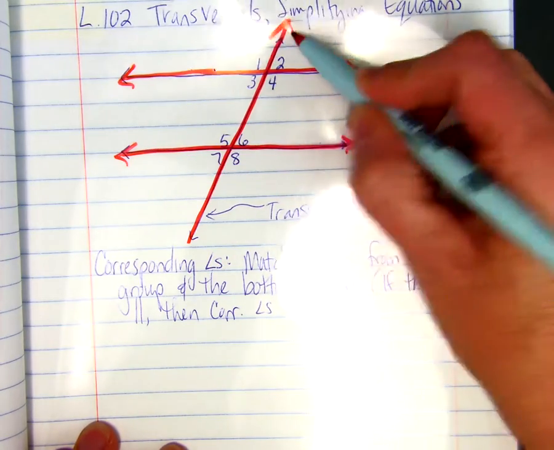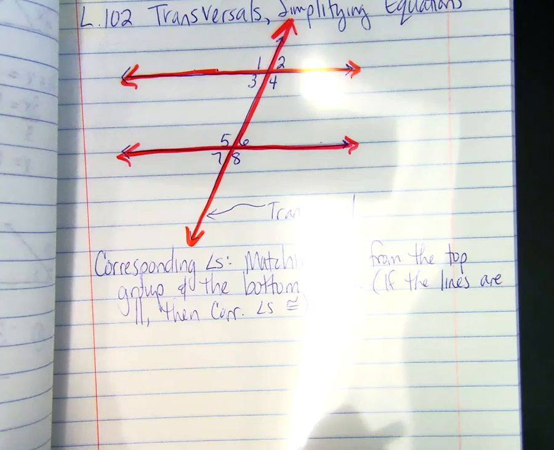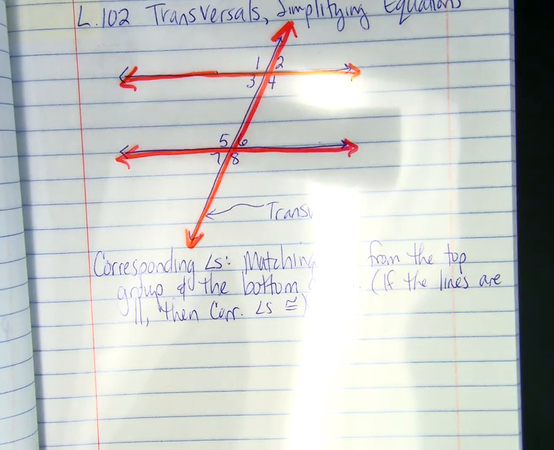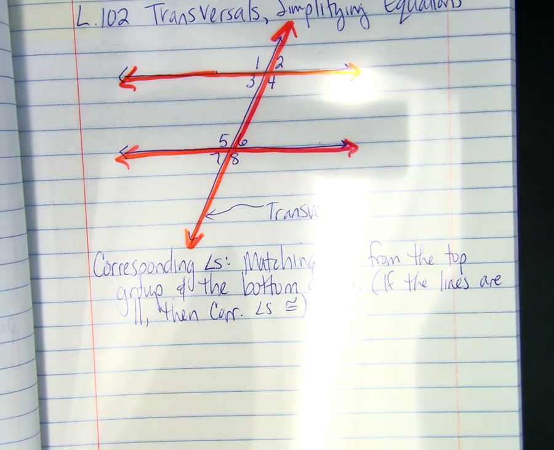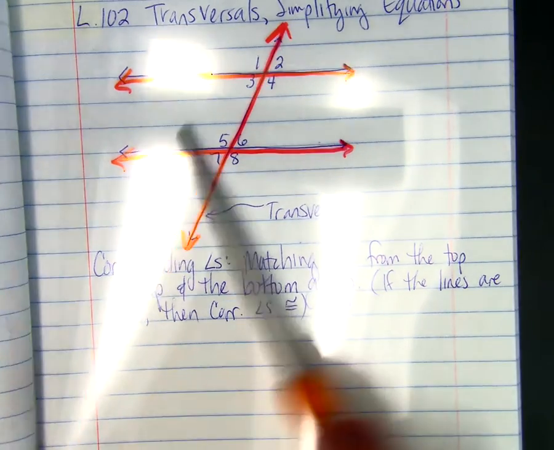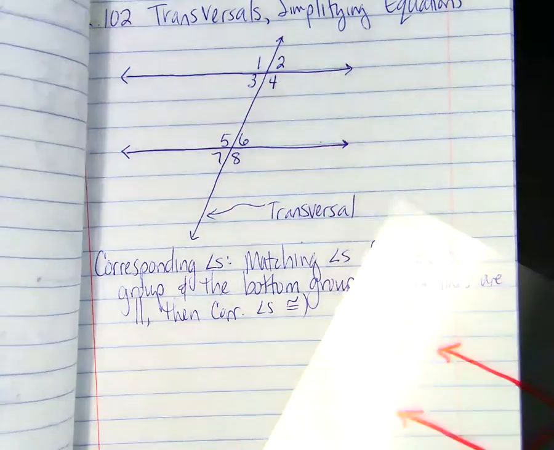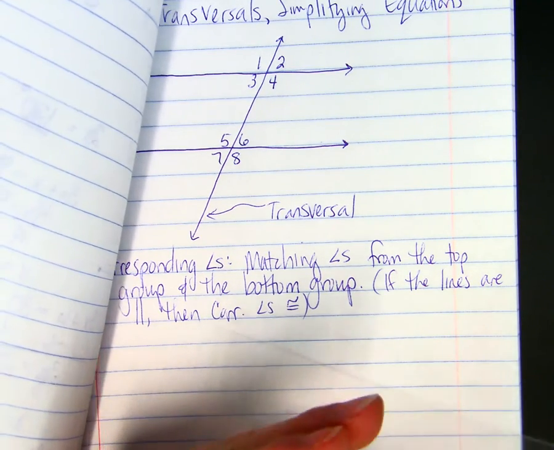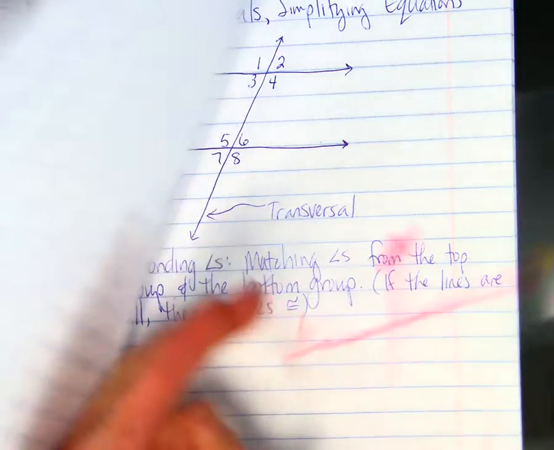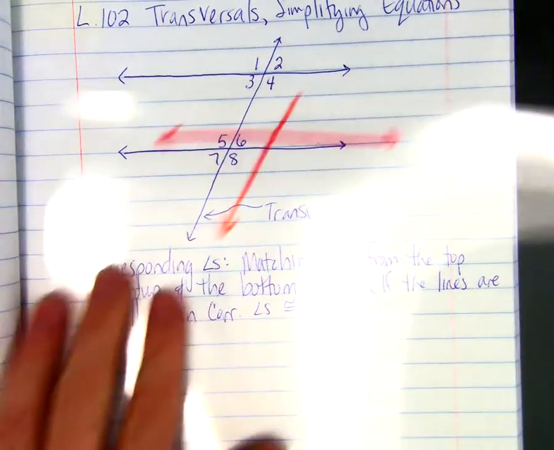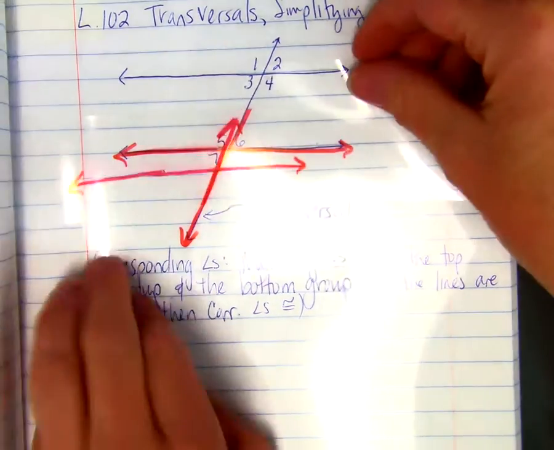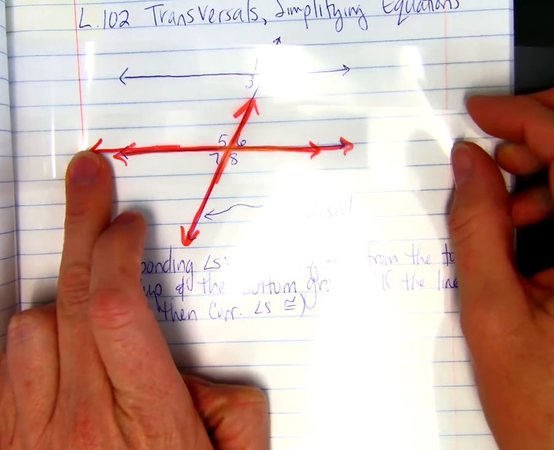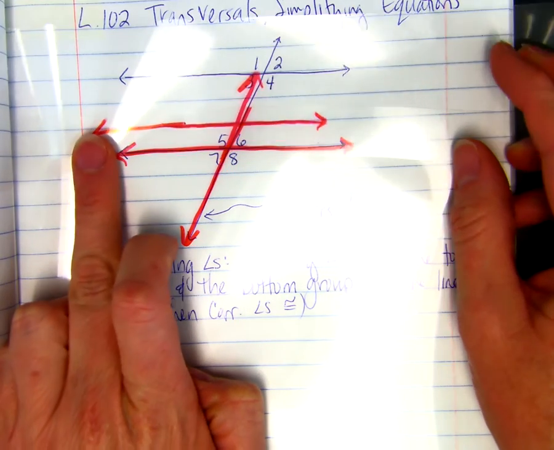And our transversal. If I take a pair of scissors and cut it right between the parallel lines, these match up onto each other. Can you see how they probably are parallel?